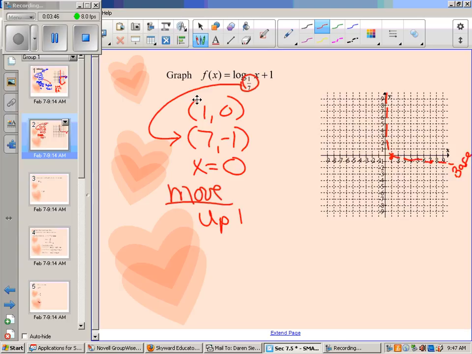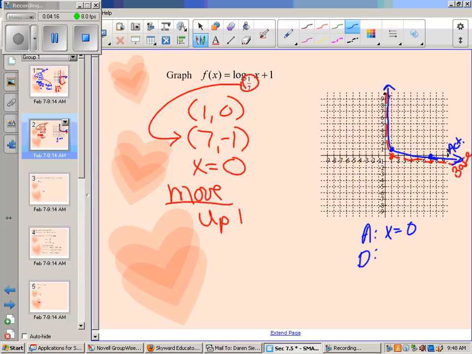And then I'm just taking those points up 1. So is my asymptote moving? No. Well, it doesn't curve up. Sorry. So my asymptote stayed at 0, or x equals 0.